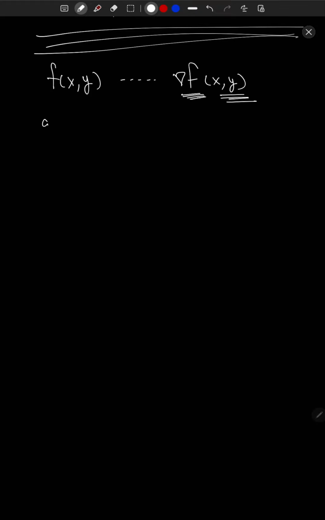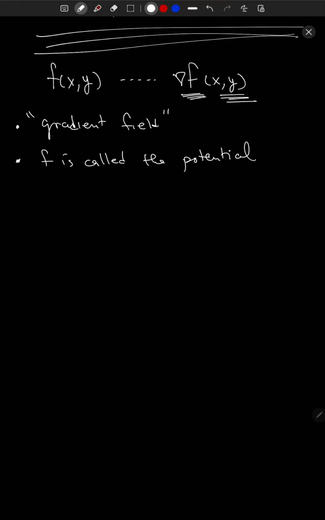This is often called the gradient field, and f in this situation is called the potential, or a potential function.